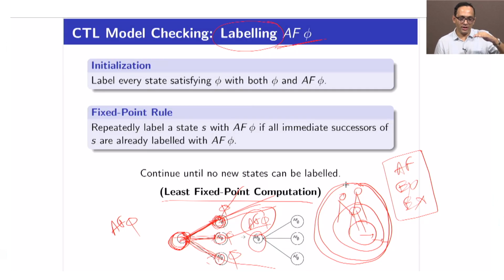So, what I have to prove is that if I keep doing this, at some point I reach this fixed point where I am not able to include any more nodes, and that means I have completed leveling all the nodes with AF phi, right? That particular thing has to be proved. The leveling part is correct by construction, right? We will take the proof at the end, but I am just giving you the intuition of what we mean by the correctness of this algorithm, right?